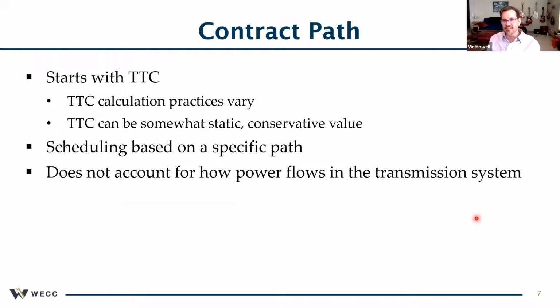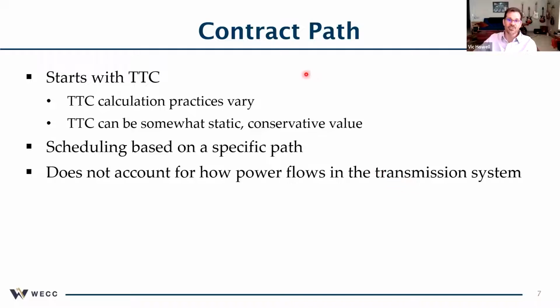So to summarize contract path, here are a few attributes of contract path. One is it starts with total transfer capability along that contracted path. And total transfer capability calculation practices vary pretty widely. Some TTC values can be somewhat static, some can be somewhat conservative, some of them are updated more frequently than others, but the practices vary.